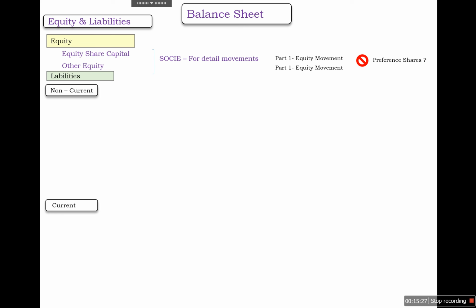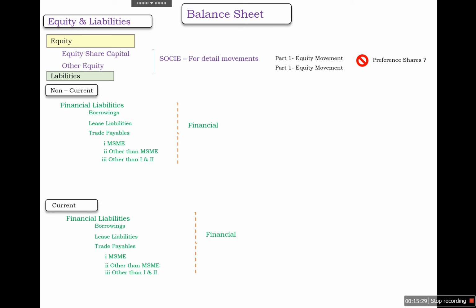And in non-current liabilities, it is again classified as financial and non-financial. On the asset side, non-financial were presented first, but in the liabilities category, the financial liabilities are presented first. So in financial liabilities, there are borrowings, lease liabilities, trade payables, and under trade payables, there is a separate classification for MSME payables.